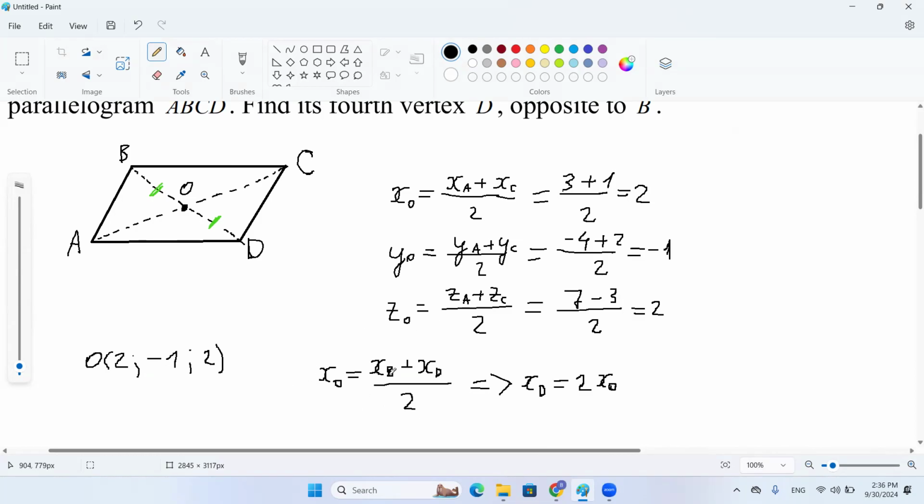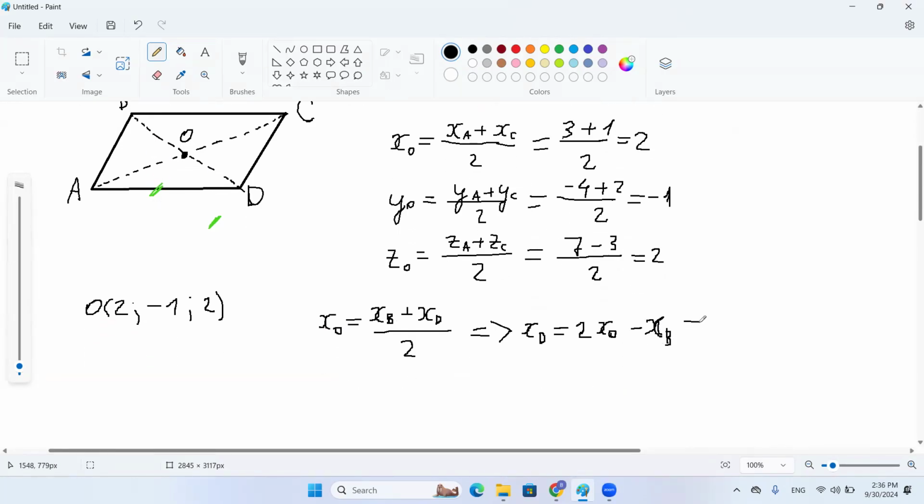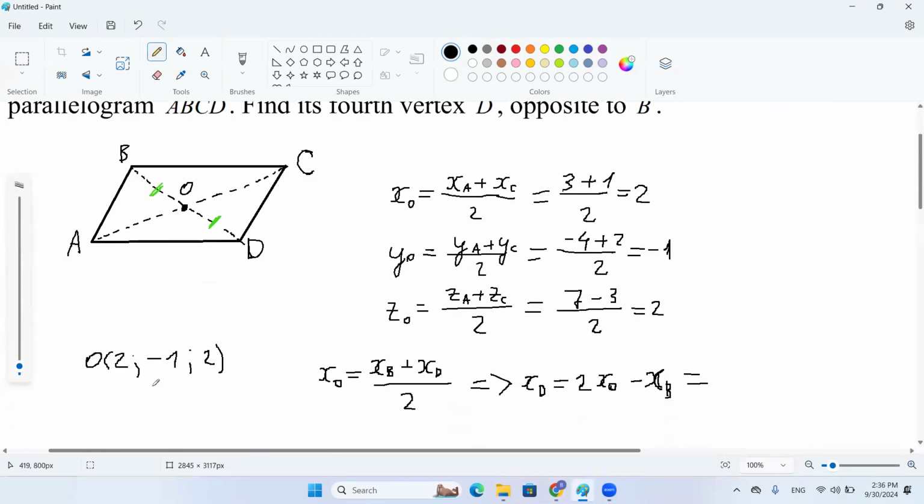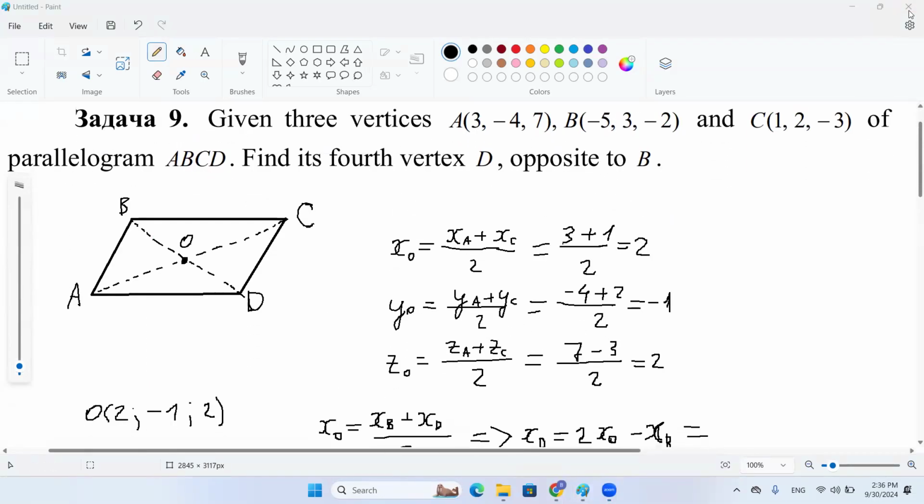So 2XO equals XB plus XD. And XD equals 2XO minus XB. And now let's write the final answer. Let me clear my Zoom annotations and minimize the participants list.